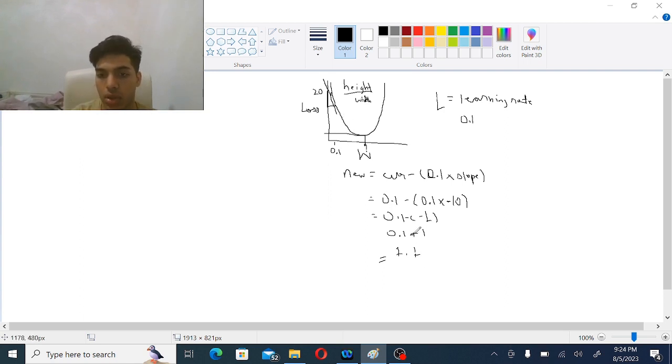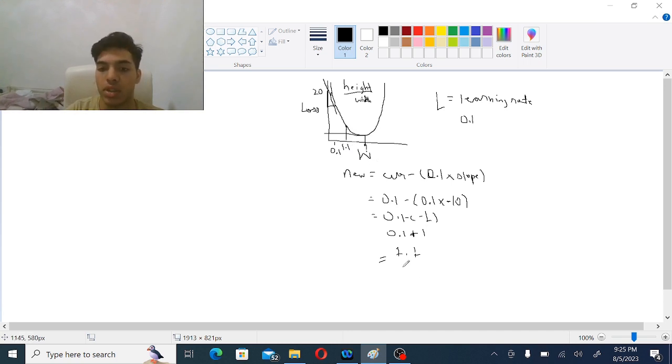We're adding to the current value of the parameter, meaning we're pushing it to the right. Therefore, we're going to end up with a smaller loss. So we go from 0.1 to 1.1. That is the new value of our parameter. Let's say it's somewhere around here. This is 1.1.